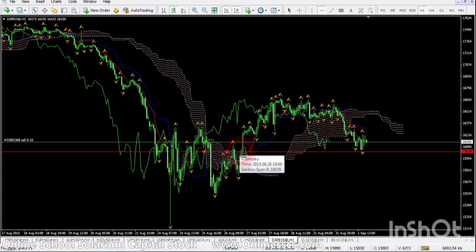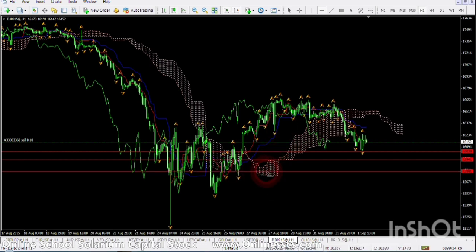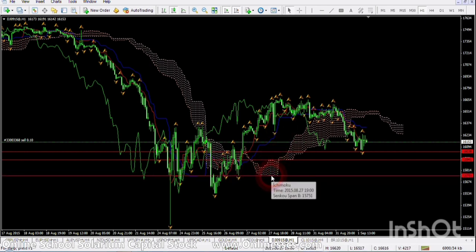The price has hit it and came back up. And then again, the next flat, the purple is here. Here it's flat again. I have a resistance here as well.